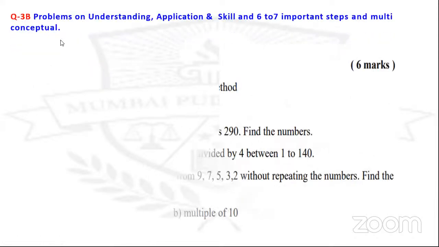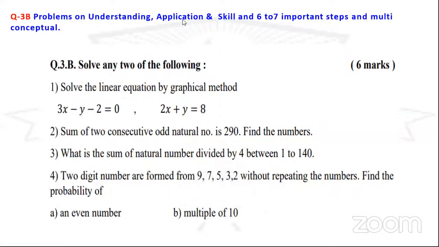Now here, problems on understanding, application and skill. And here you have got 6 to 7 important steps and multi-conceptual problems. Here, question number one has one step, question number two has two steps. So here it is a combination of those two. Understand?